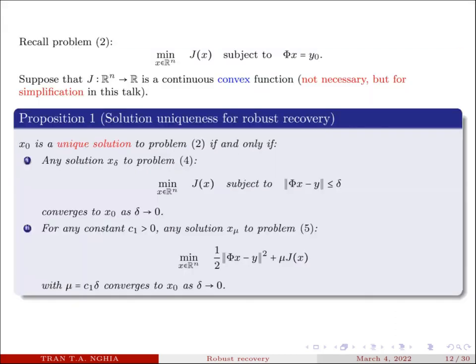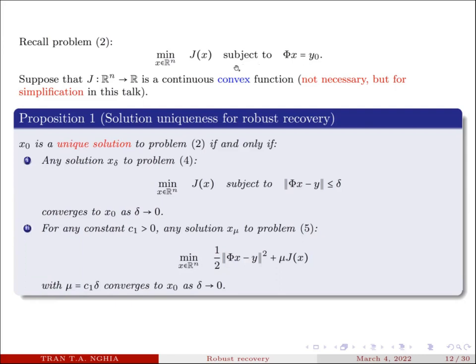All right, so let me go back to robust recovery. Before, I did mention that unique solution is really important for robust recovery. And this proposition will emphasize that idea one more time. Let me recall the original problem: we try to minimize a cost function, and we have a linear constraint like this one.